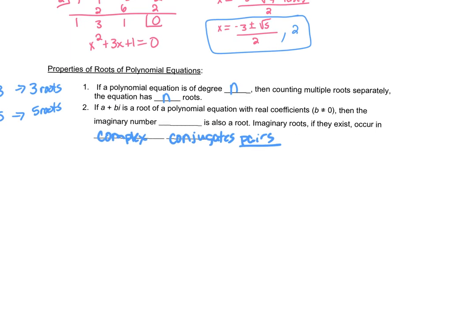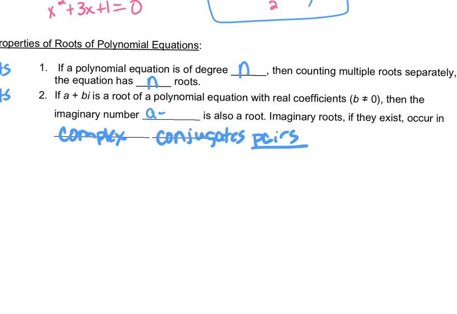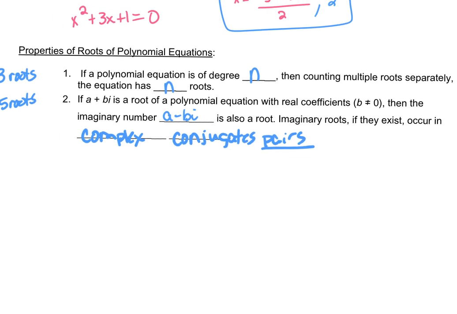So what it's saying is if a plus bi is a root or a solution or a zero, then a minus bi is also. Remember, that's our complex conjugate. So a plus bi, a minus bi. Whatever the first sign is, it stays the same. We switch the sign for the second one. Okay? So here's how we use this information.